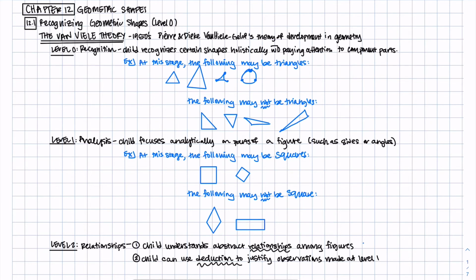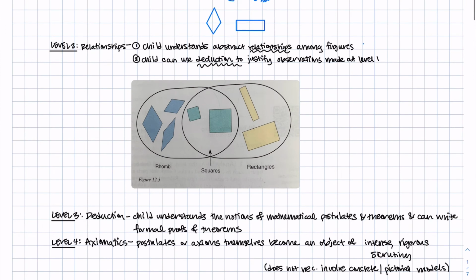At level 2, abstraction and relationships are introduced. So abstraction and ordering of properties occur at this level. That is, properties and relationships become the objects of study. Environments such as dot arrays and grids are helpful for students who are making the transition from level 1 to level 2. Here, a child is going to be able to understand relationships between figures.